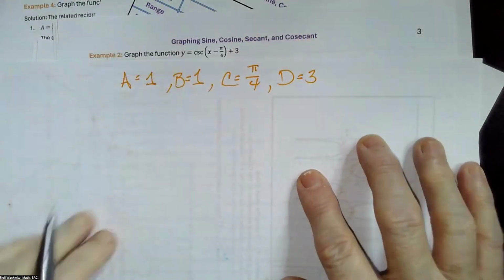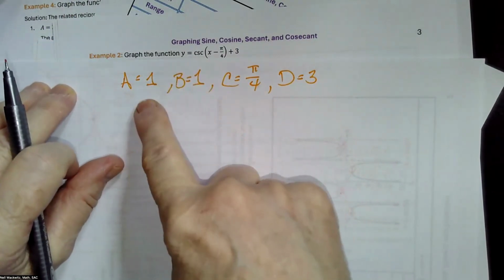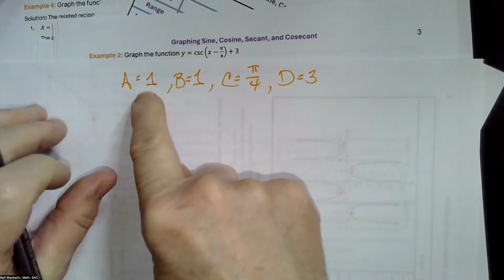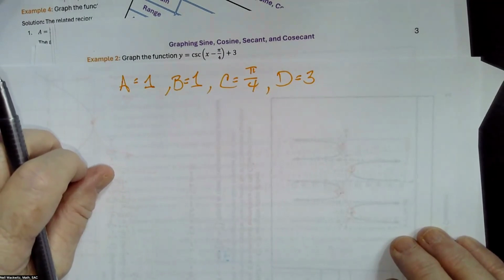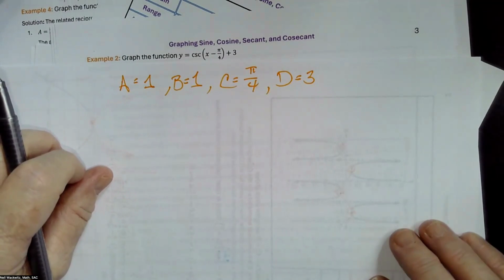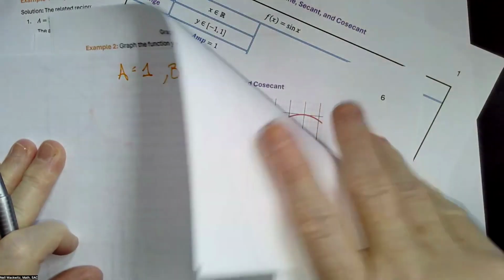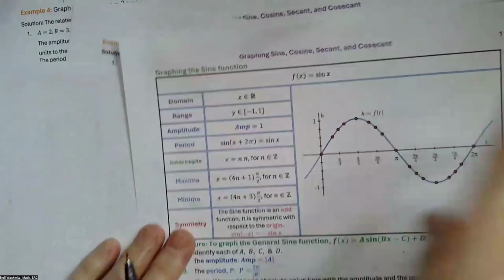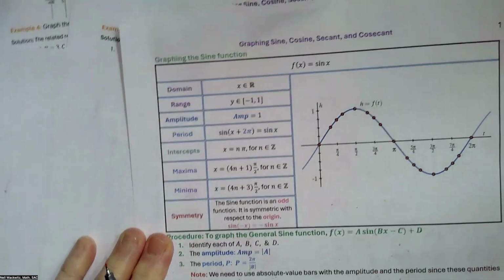Yep. Excellent. So that means, even though cosecant isn't sinusoidal, we're still going to talk about an amplitude. But what is the function that has the amplitude? Is it cosecant? It's the sine that underpins cosecant that has the amplitude.